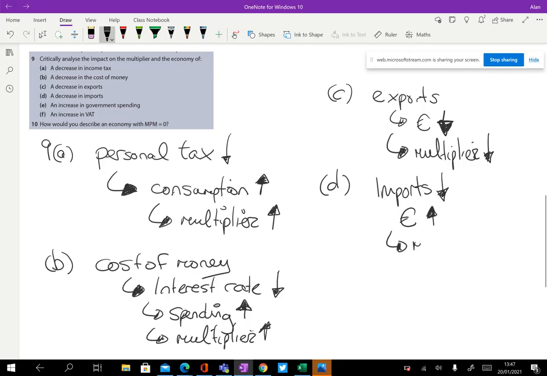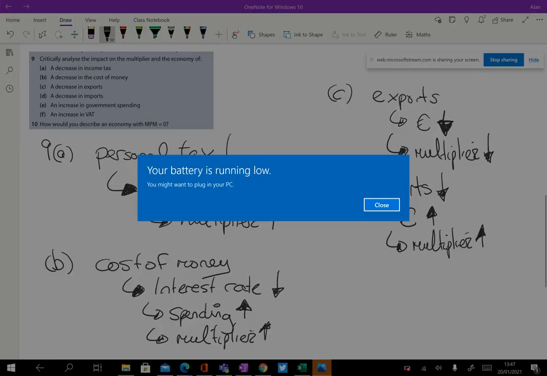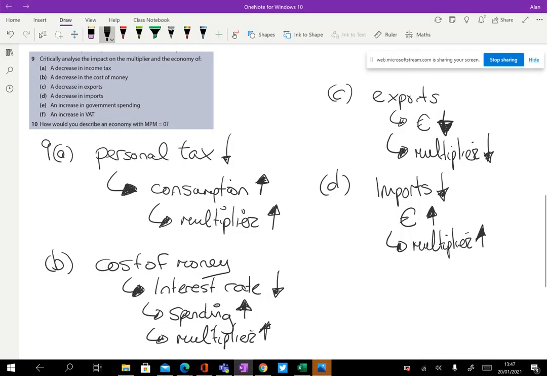What's the situation with the multiplier? Well, if there's more money in the economy, the multiplier is going to go up. So rather than buying something from Nike, I might decide to buy something from Dunnes Stores, wherever that's made.